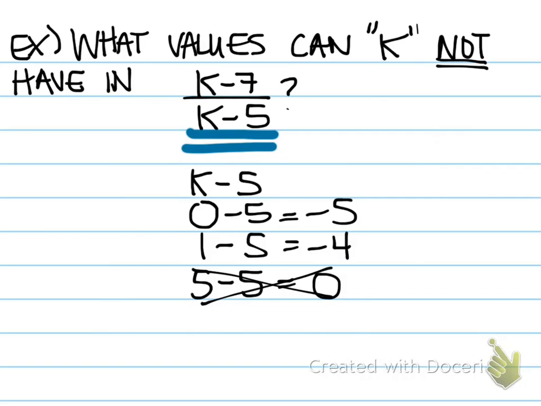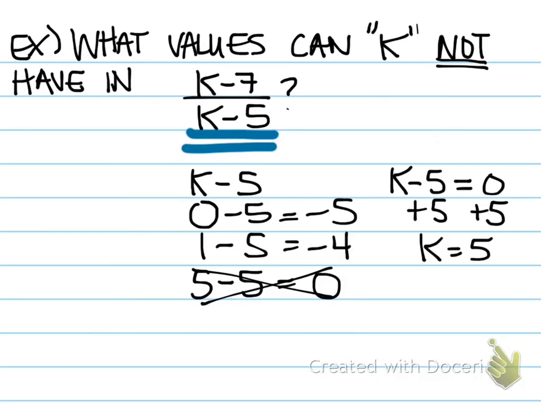If all else fails and you can't figure this out in your head, just take your denominator, set it equal to 0, solve for the variable, and that will tell you exactly what k cannot be, because again, we don't want it to be 0. So back to the question, what value can k not have in this problem? K cannot be 5, because it would make the denominator 0.